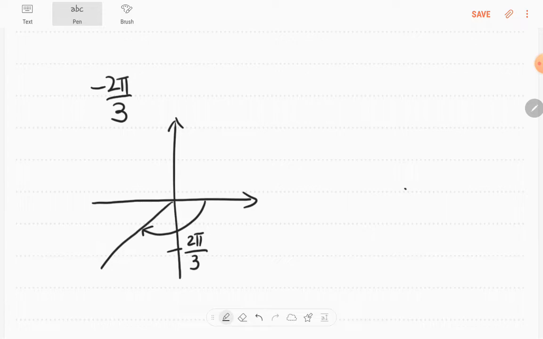The reason is negative 2 pi over 3 can be written as negative pi over 2, which goes to the negative part of the y-axis, then plus negative pi over 3.